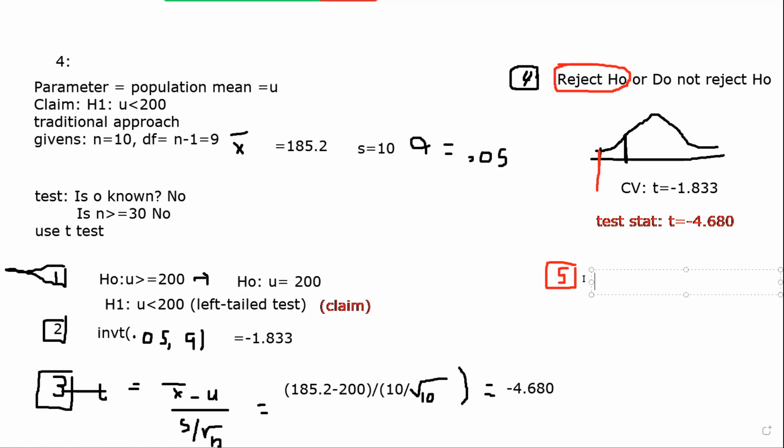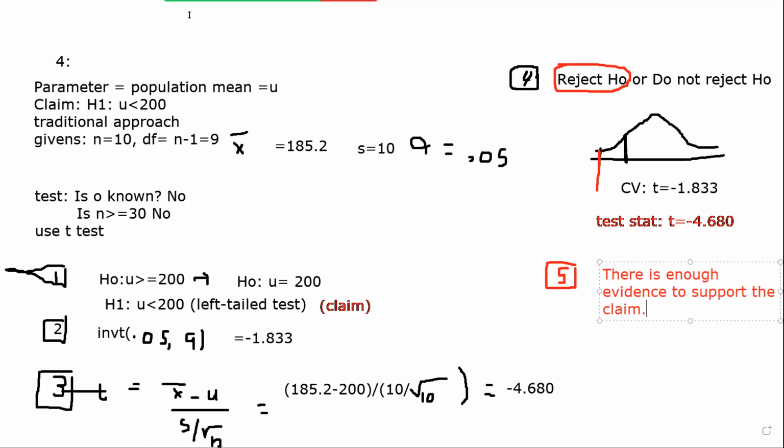Okay, so here I have there is enough evidence to, now your claim is H1, so we have to support the claim because the claim is H1 and there is enough evidence because we rejected the null.